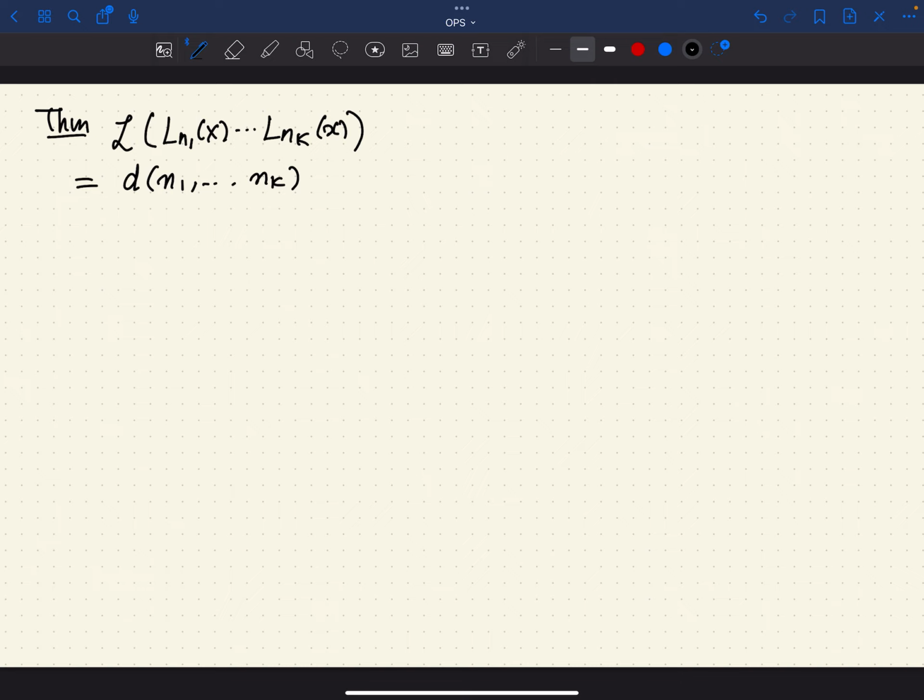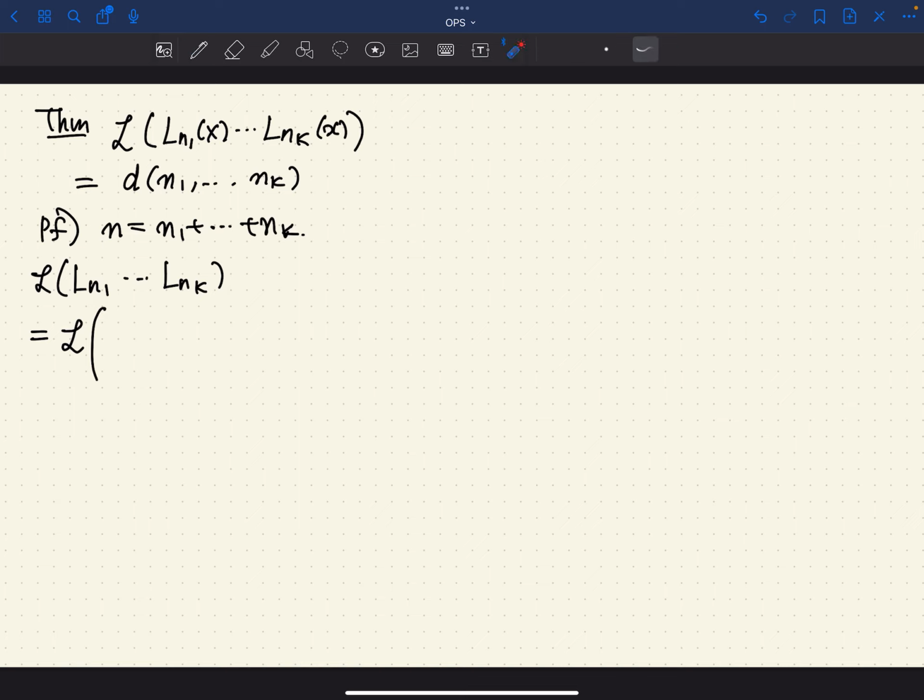Okay, so the proof is not that difficult. If you have all the machinery here, the proof is just like the Hermite case, more or less. So let's do the proof. Again, n is n1 plus dot dot dot nk, and I'm omitting the x. We can write this using the combinatorial interpretation for each polynomial. This is the generating function for homogeneous matchings, right?